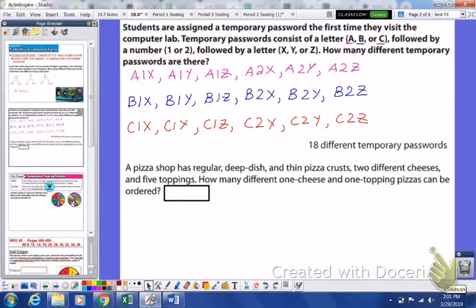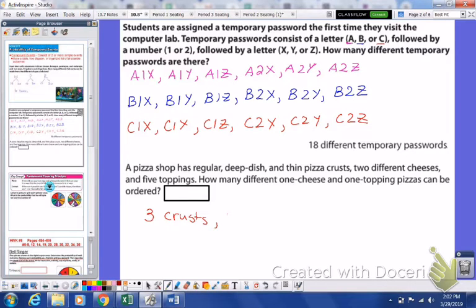So if we take a look at our next option, a pizza shop has regular, deep dish, and thin crust pizzas, 2 different types of cheeses, and 5 toppings. How many different 1 cheese, 1 topping pizzas can be ordered? So if we take out the information here, we have 3 crusts to choose from.